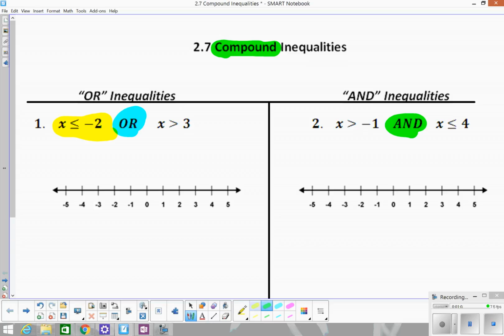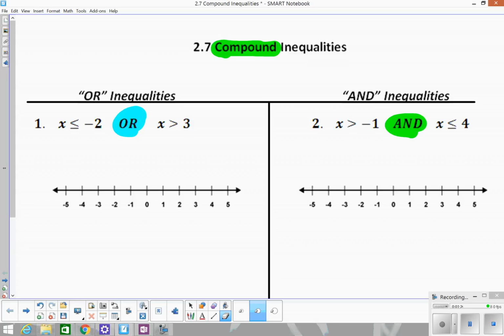If I have an or inequality, the word or means either or. So if I have a value, it could either be true for x is less than -2, or it can be true for x is greater than 3.